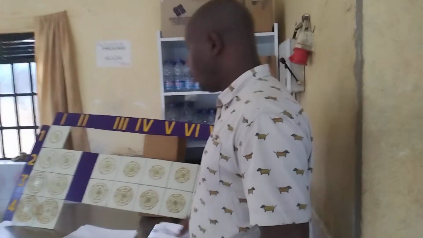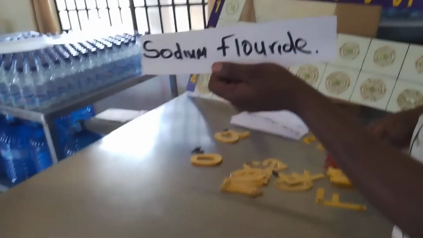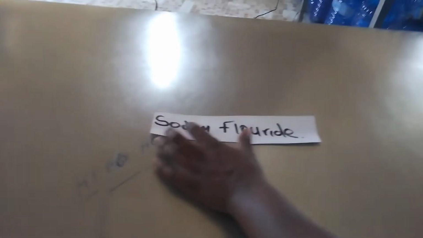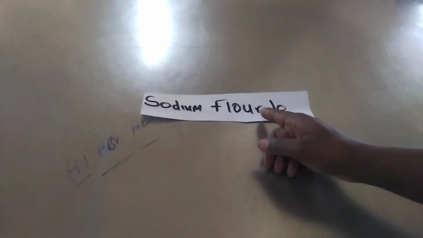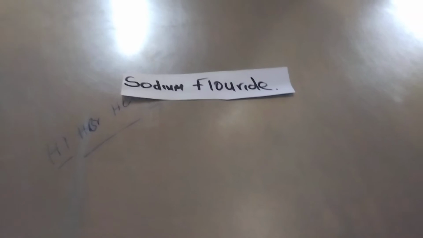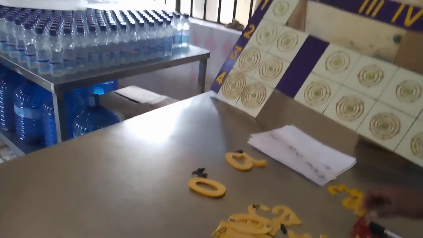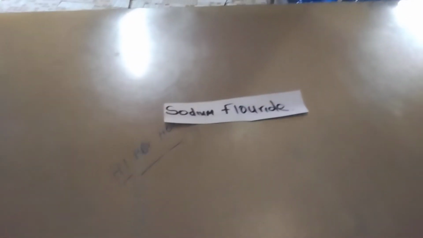Now we want to see how we write the formula of these ionic compounds. To start with, we are going to start with sodium fluoride. This is the formula for a compound that is formed between sodium and fluorine. Sodium is in group number 1, which means it loses 1 electron to form a positive ion like this.